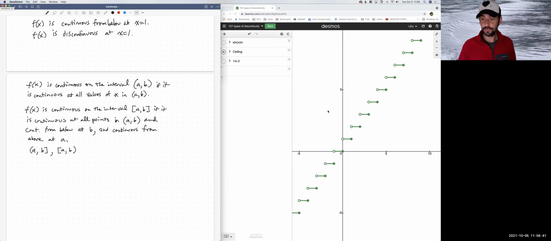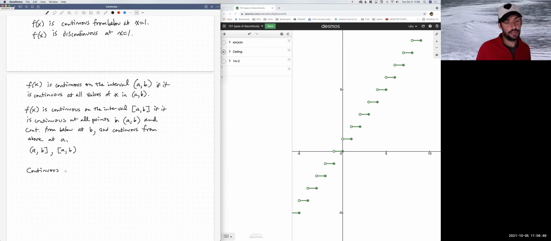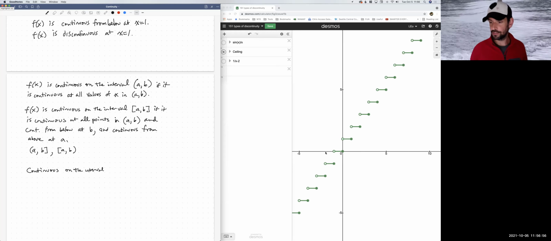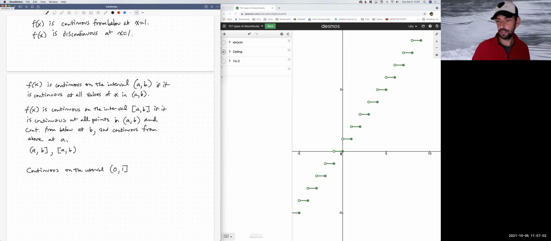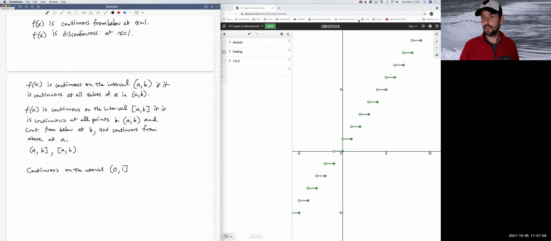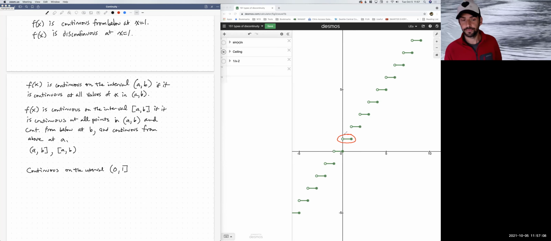So this graph we have up right now, the ceiling function, for instance, I could write is continuous on the interval. Let's just look at this one that goes from 0 to 1, right? I'm just looking at this piece right now.